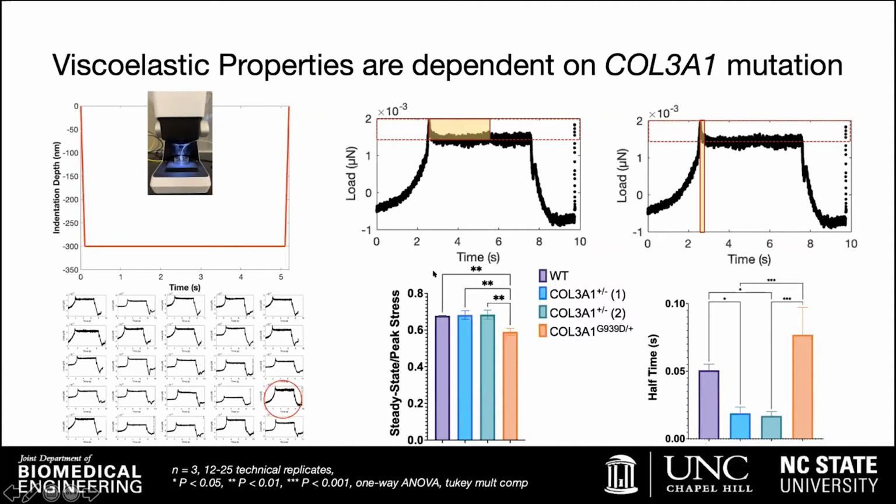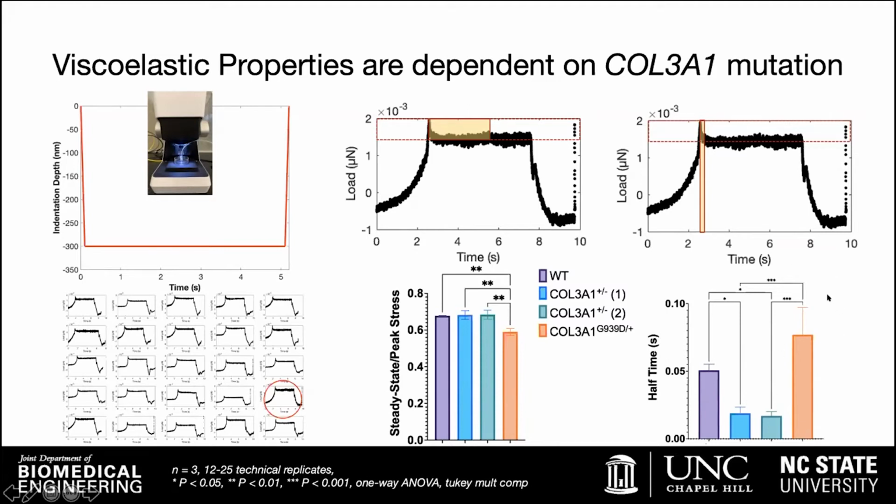And you can see here that the two haploinsufficient cell lines that we used produced CDM that had a similar steady state peak stress in comparison to wild type, but that the dominant negative deformed more, and had a lower steady state peak stress overall. However, you'll see that the time dependence of this varied depending on the mutation. The two haploinsufficient lines had a lower half time, so they deformed much more quickly.